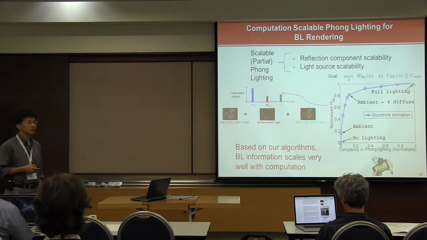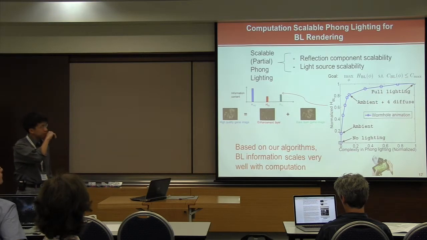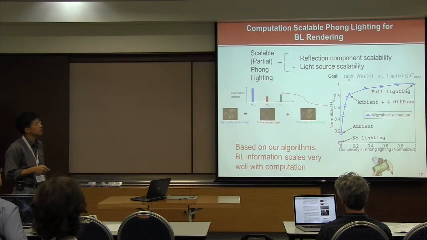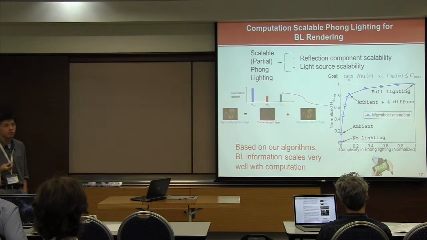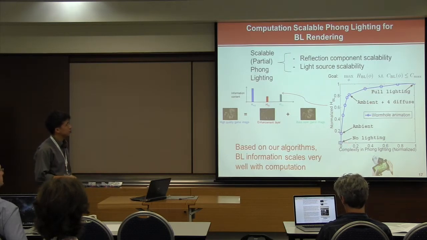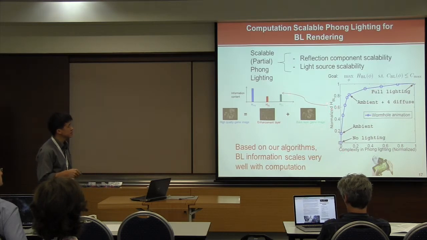So to summarize, to scale Phong lighting, we perform computation on a subset of reflection components and light sources, chosen based on their information contribution to the image. This figure shows the scalability of Phong lighting based on our algorithm. The horizontal axis represents the Phong lighting computation capacity, and the vertical axis represents the base layer information.